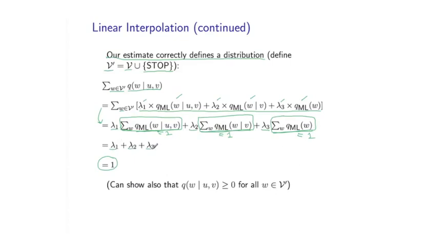And by definition, remember this was a constraint on the lambdas, these three terms sum to 1. It can also be shown, this is the other property we need for this to correctly define a distribution, that for any u, v bigram and for any w in the set V prime, this value is greater than or equal to 0, and that's trivial to show in this case.